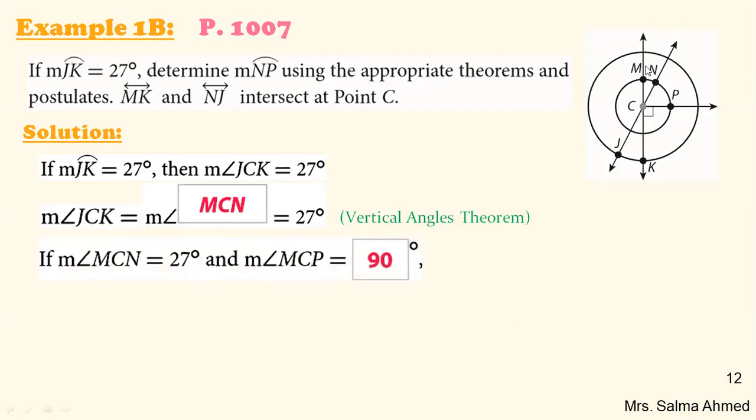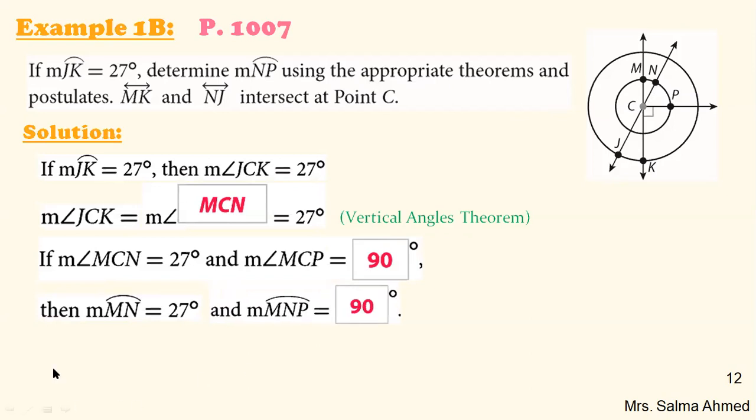If the measure of angle MCN is 27 and MCP equals 90, by using the arc addition postulate, we can find it. The measure of arc MN is 27, as the central angle is 27, and the measure of arc MNP, which is the biggest arc, is 90, as the central angle is 90.